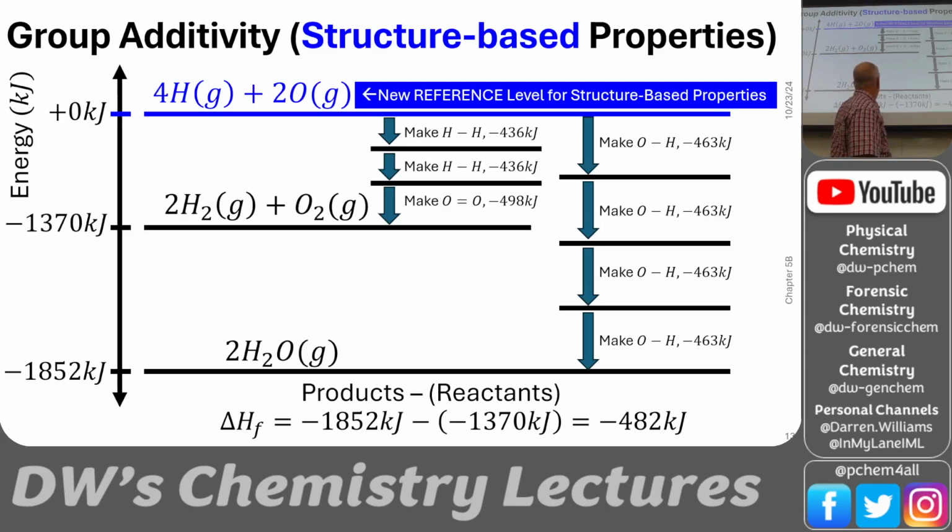This would be also the energy we get for making the water. And this situation is very similar to the enthalpy of formations because we would take products minus reactants. So the product would be the minus 1852 kilojoules relative to the atoms pulled far apart. And the reactants would be the 1370 relative to the atoms pulled far apart. And so products minus reactants, minus a negative becomes a positive. So you do this math and you get the same thing, 482.